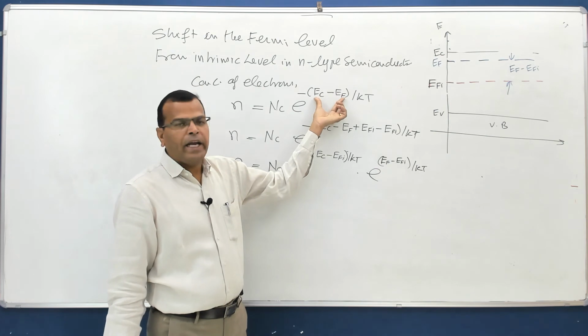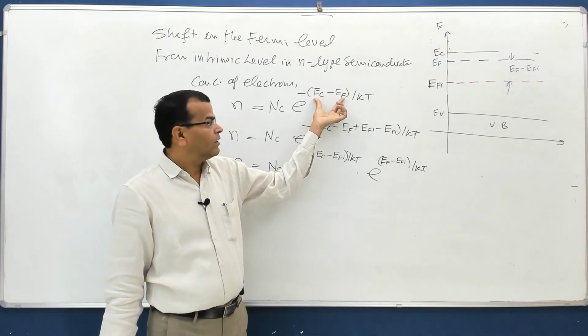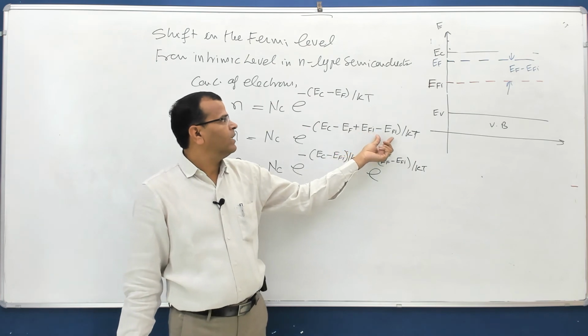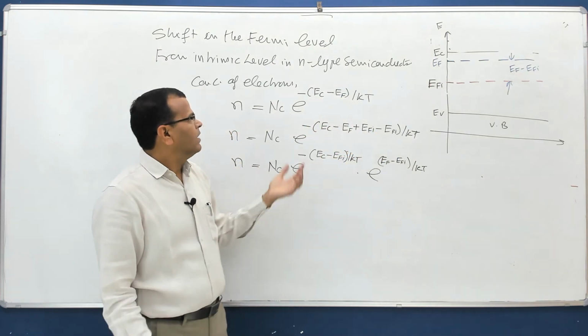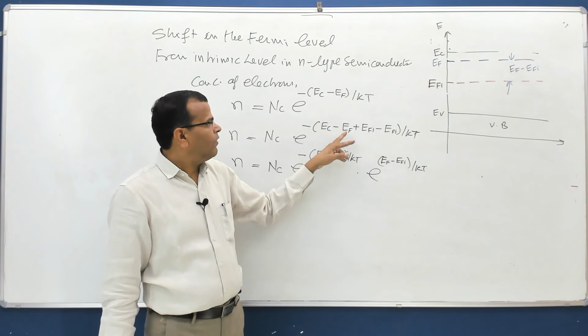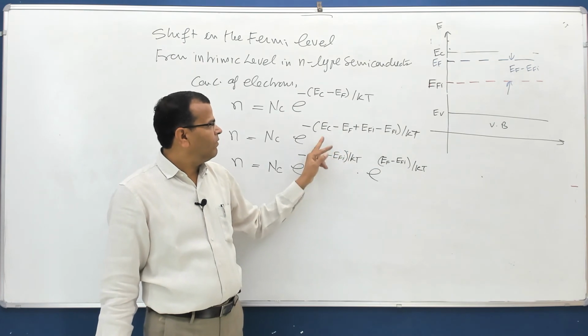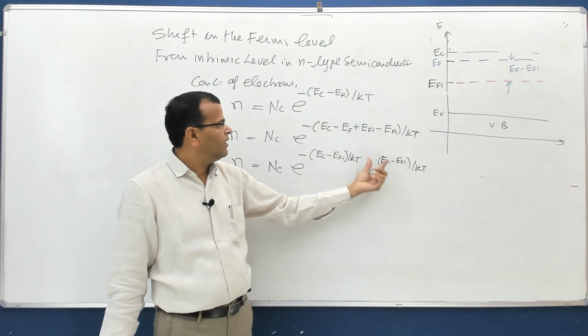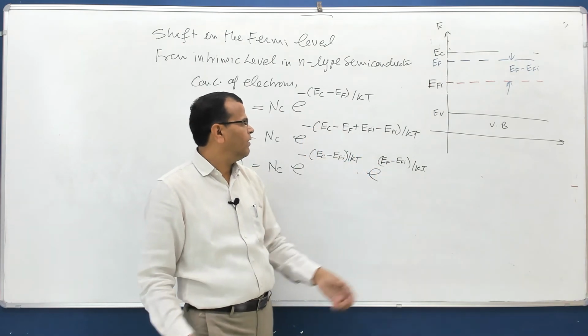So I add and subtract EFI here just to manipulate. I take EFI with EC here, and with the minus sign this becomes EF minus EFI.